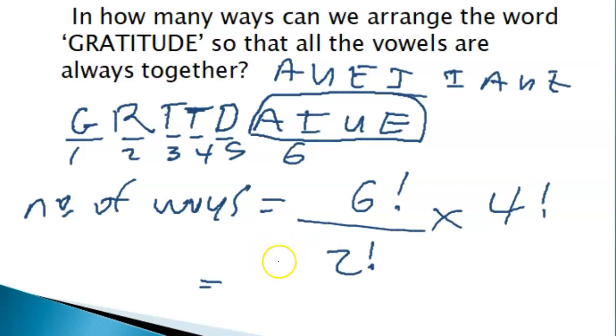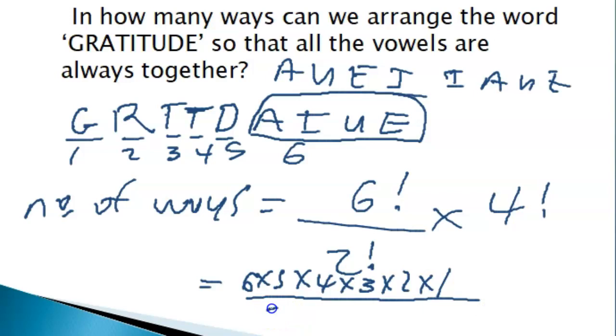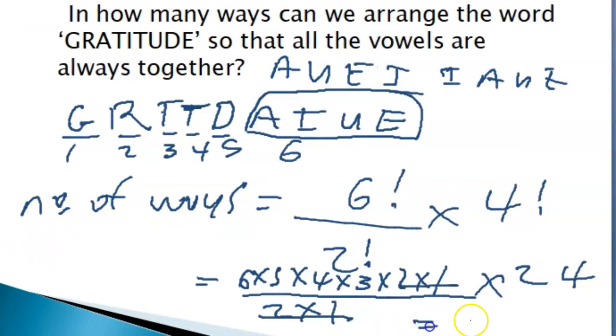So 6 factorial, that's 6 times 5 times 4 times 3 times 2 times 1, divided by 2 factorial, so divide by 2 times 1, times 4 factorial, that's 4 times 3 times 2 times 1, that's 24. 2 times 1, we'll cancel 2 times 1 up here, so we are remaining with 6 times 5 times 4 times 3 times 24, that will give us 8,640 ways.